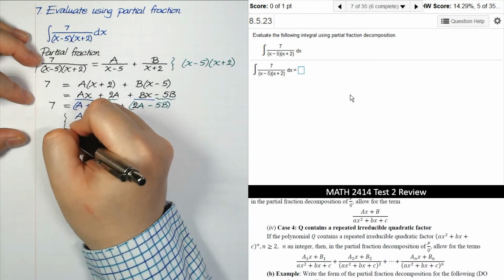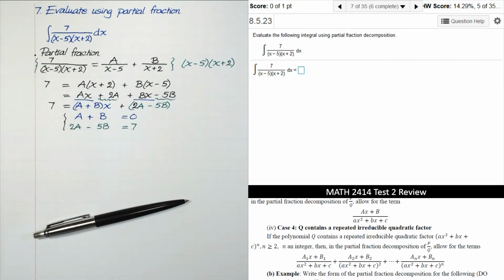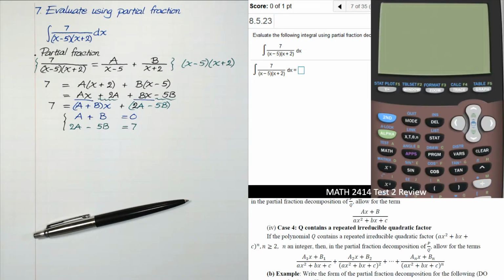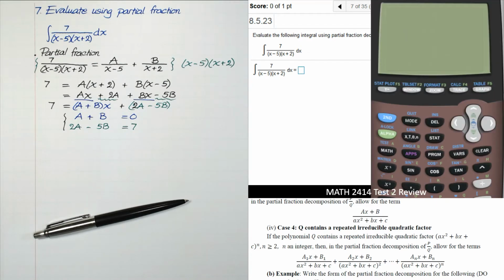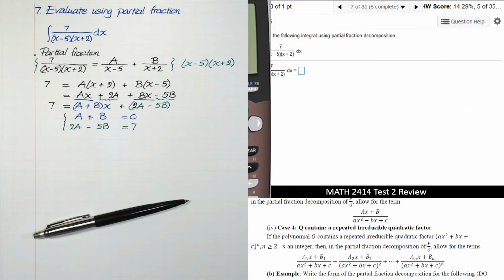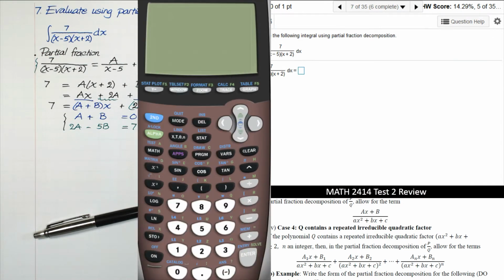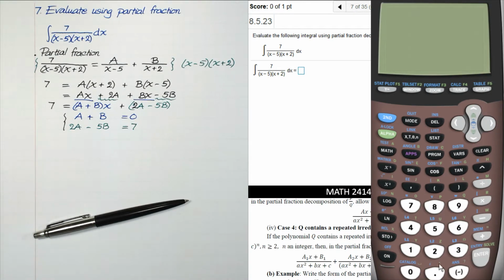So we have this system of equations which can be solved by hand easily, but I'm going to use the calculator here just so we can get used to it.